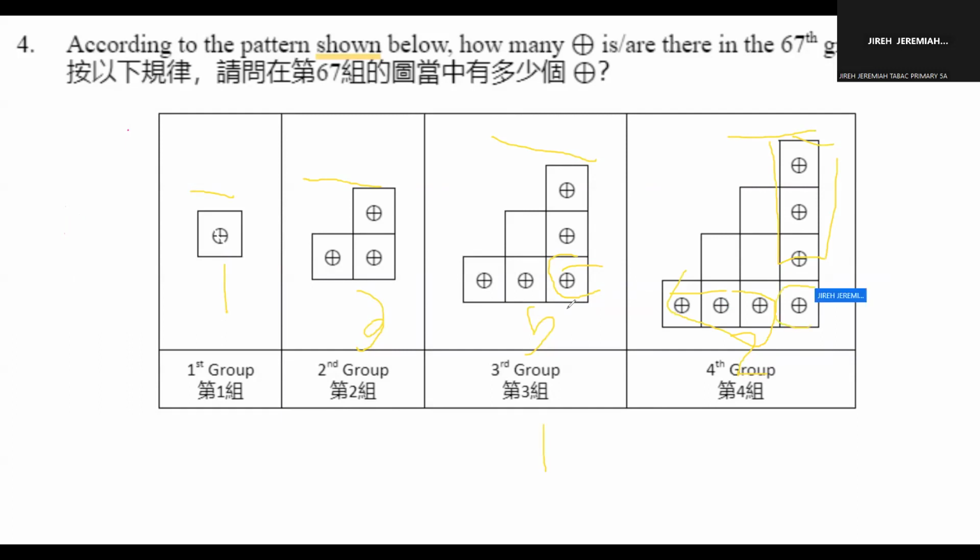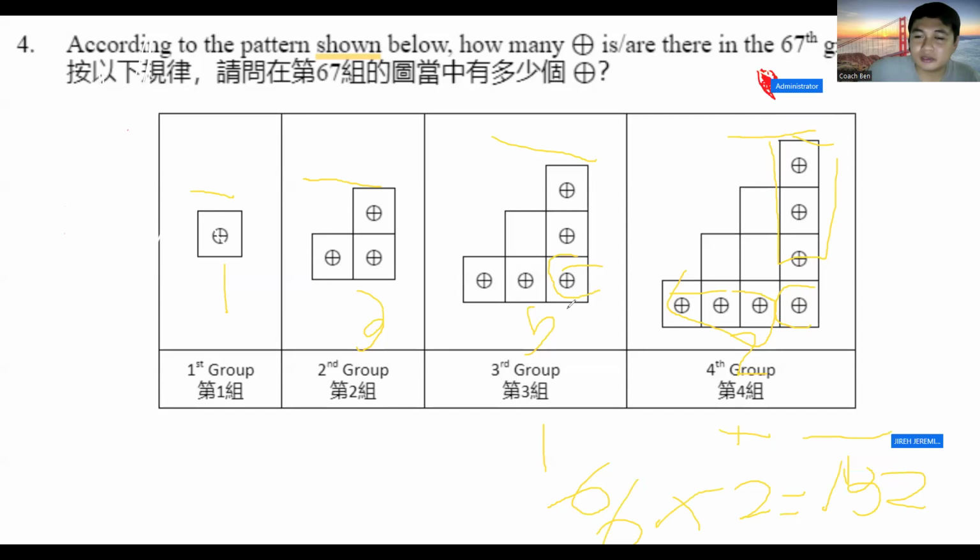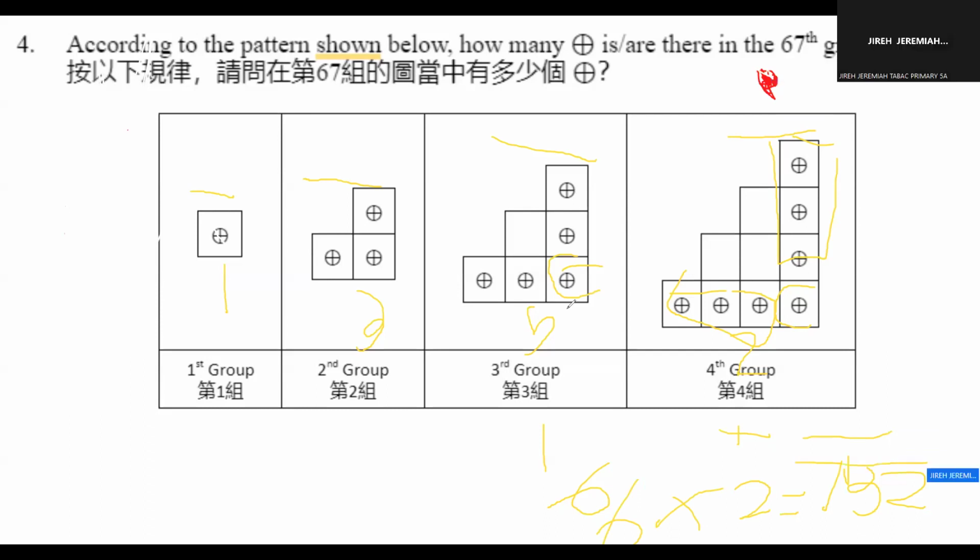This one is basically the one symbol in the 67th group. So 67 minus 1 is 66, and there are 2 of these, so 66 times 2 is equal to 132, plus 1 is equal to 133.